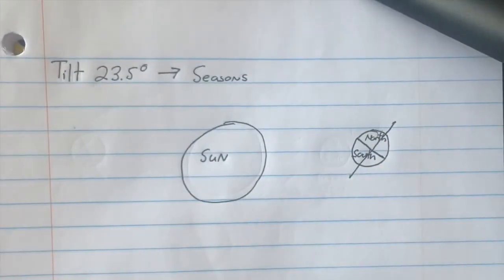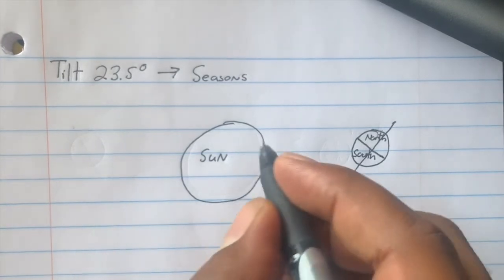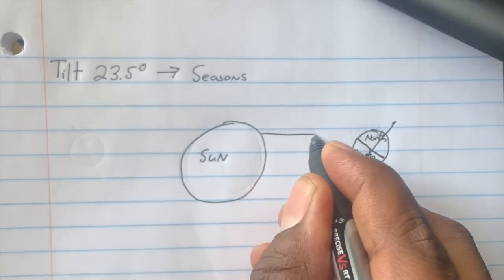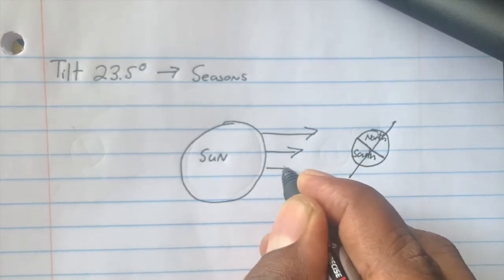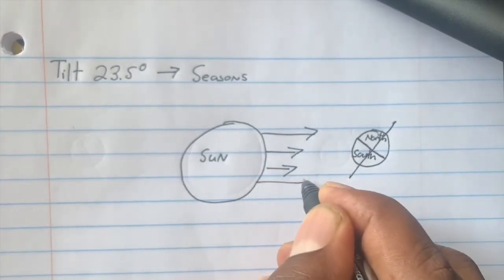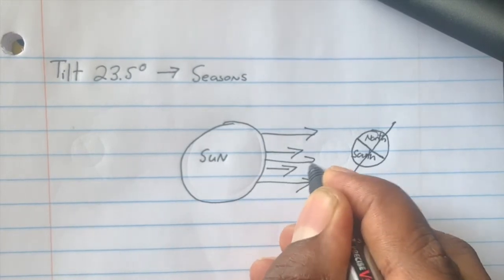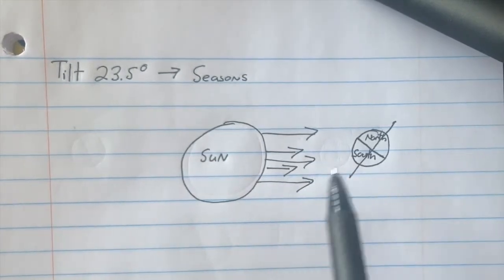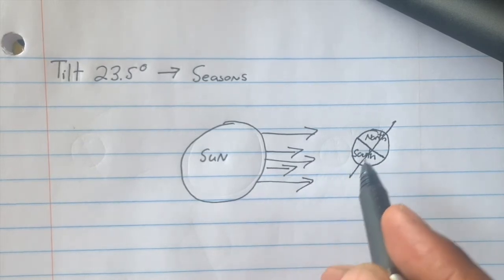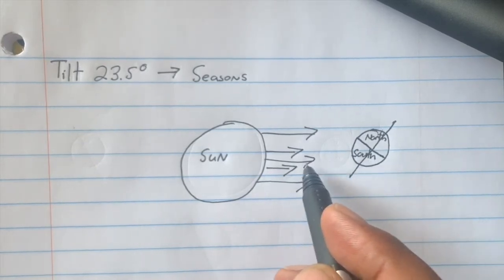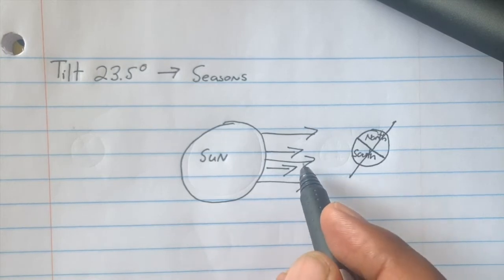Now, the sun emits heat, it emits light, and it's all headed towards Earth. All that heat, all that light, all that radiation heads towards Earth, all right? And the way that it hits Earth, you see with this tilt, the south is facing more towards the sun.